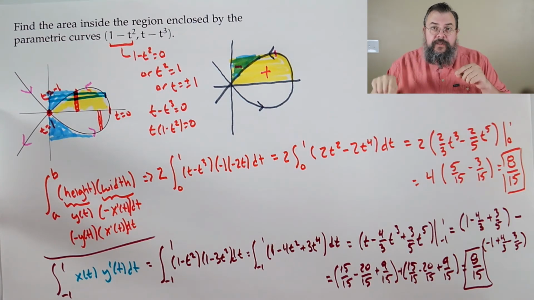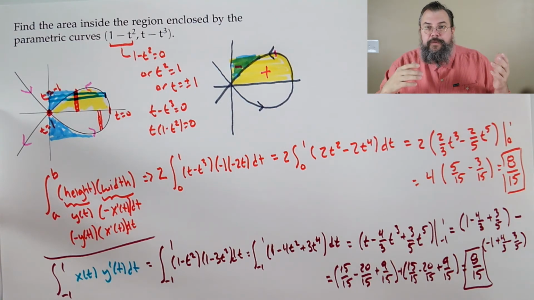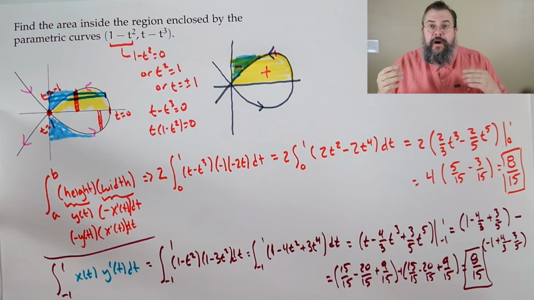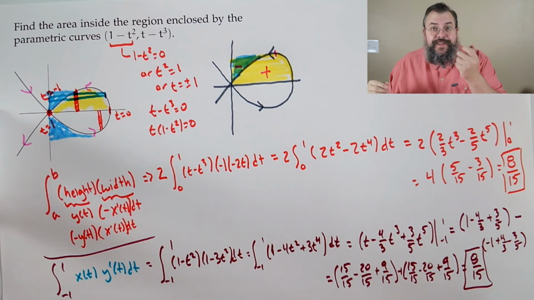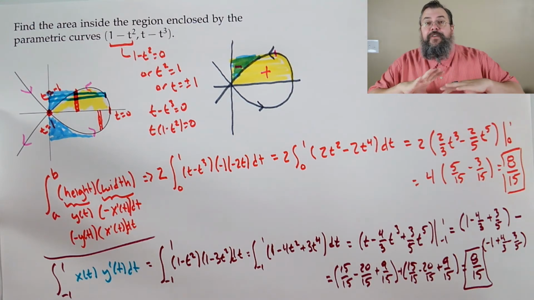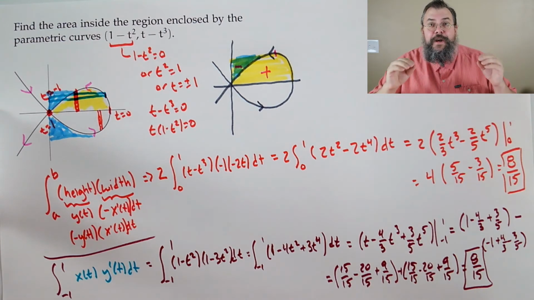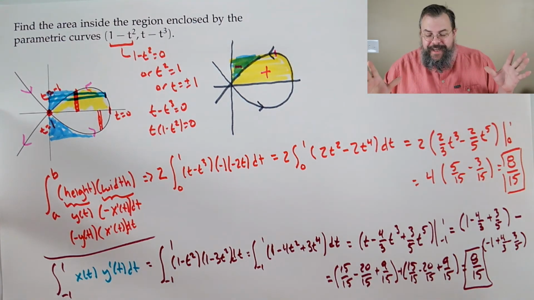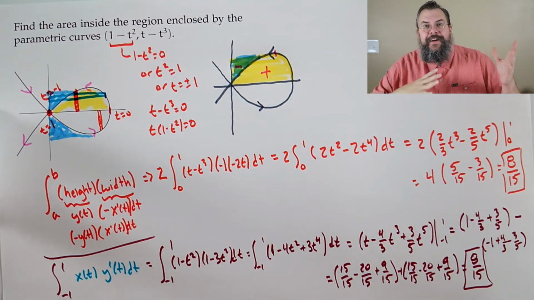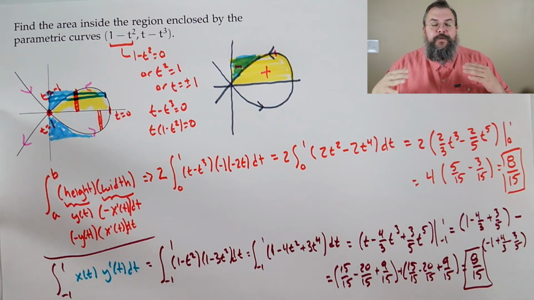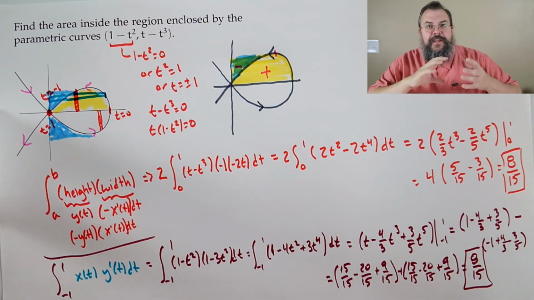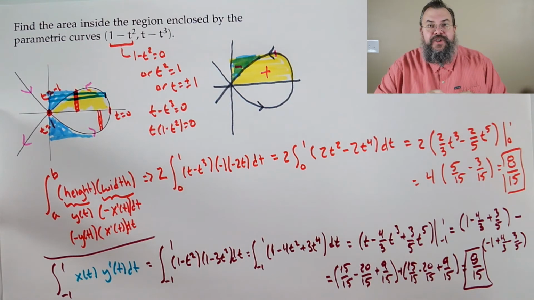If you have any curve that self-intersects and you want to know the area, you just integrate start to stop, either y prime times x or x prime times y, and just pay attention to the sign. Everything works out beautifully. Even though it feels like this area is going to be wrong, when you dig into it, you see the pieces cancel out exactly as they should, and I get the right thing in the end.